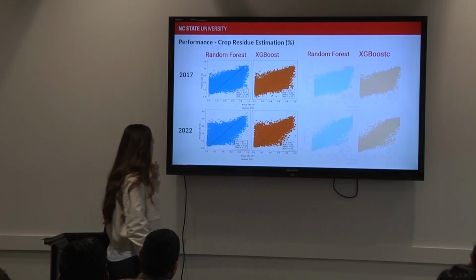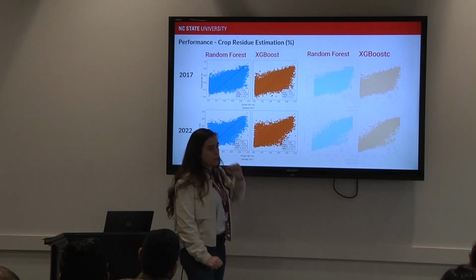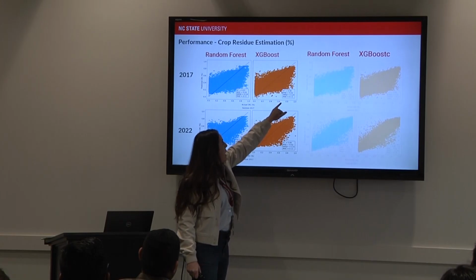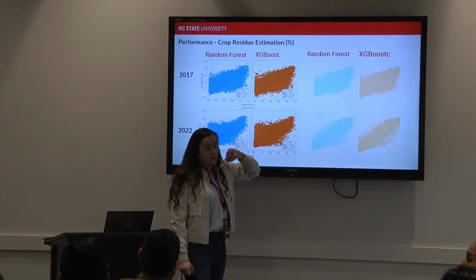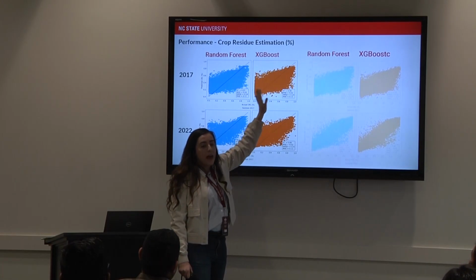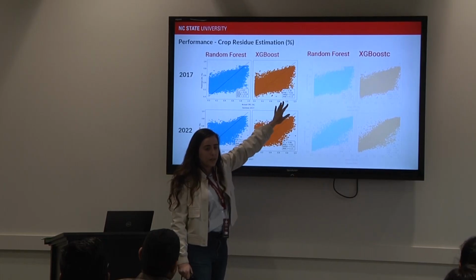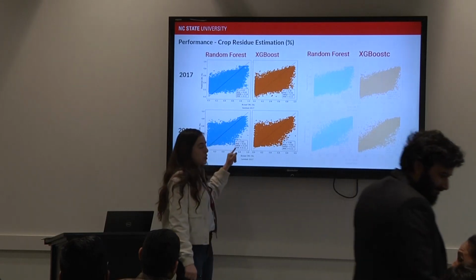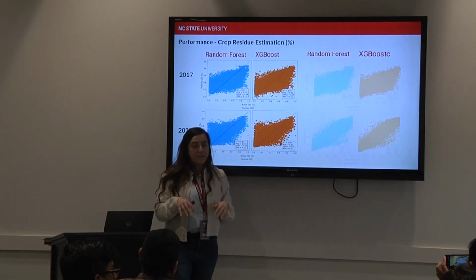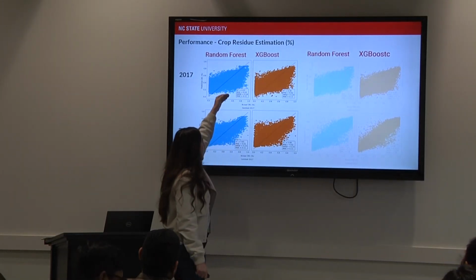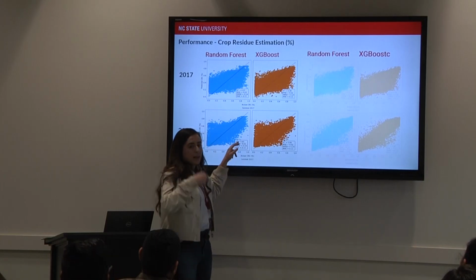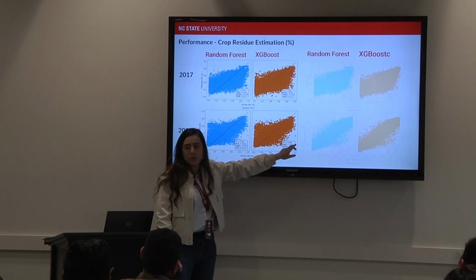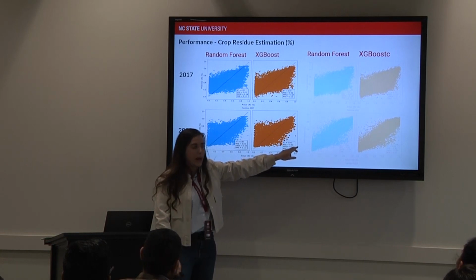I got an R-squared of 0.57 for random forest and 0.59 when XGBoost was performed, so XGBoost is performing a little better. The same happened in 2022, but when you don't have the wetness in the image, the R-squared gets better by 10%. So this is 0.65, and 0.62 for XGBoost.